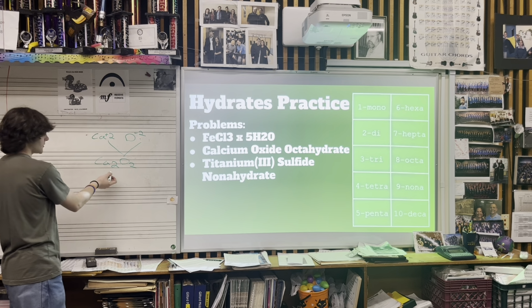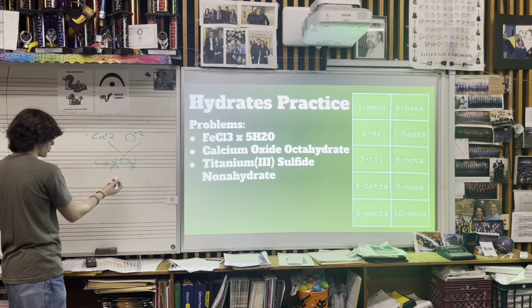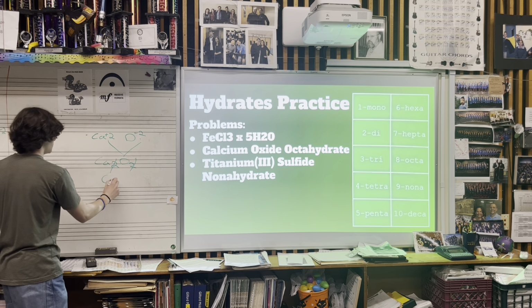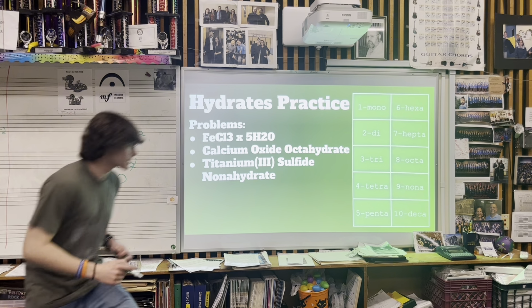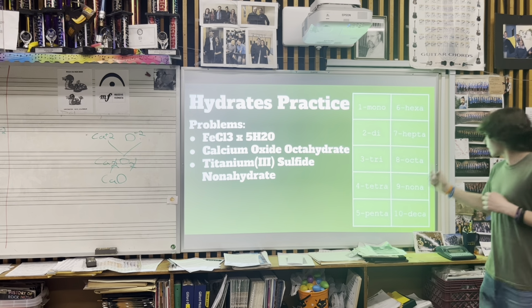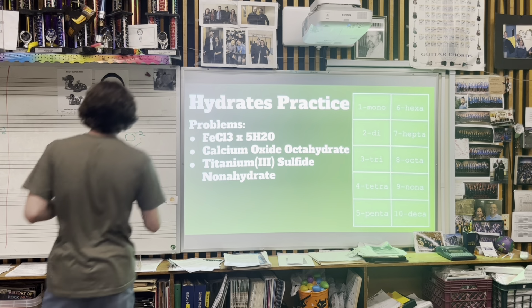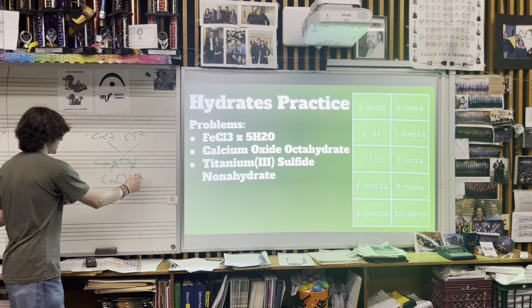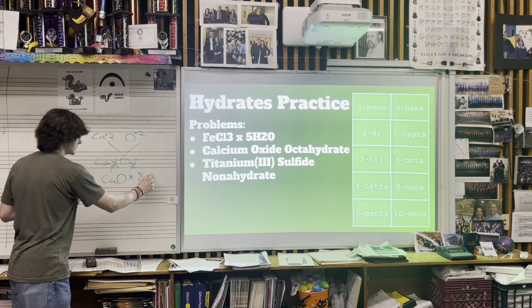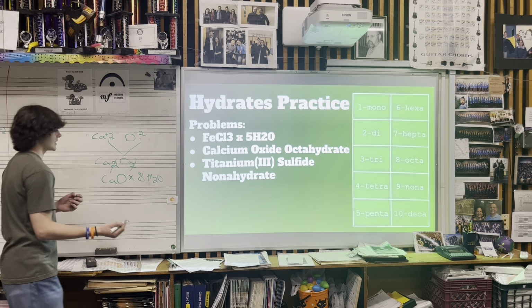And then you can see that these are both 2, so they can both cancel out and just become 1. So it's going to be CaO. And if you see the octahydrate, you see that on this chart, octa means 8. So you're going to have times 8H2O. So that's that one.